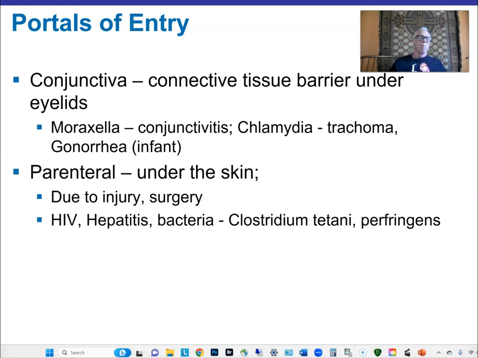Neisseria gonorrhoeae can cause infections in the eye and blindness. So babies that are born in this country are automatically treated in their eyes with an antibiotic in case they were exposed to these bacteria in the vaginal canal. Under the skin, any number of organisms that are opportunistic pathogens, once they get through the skin, they cause disease.